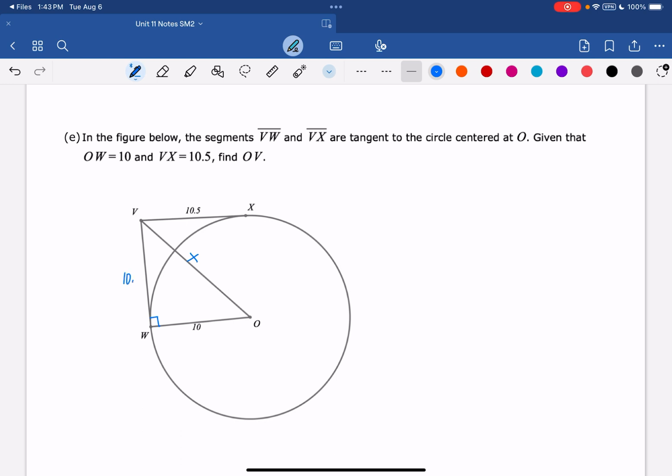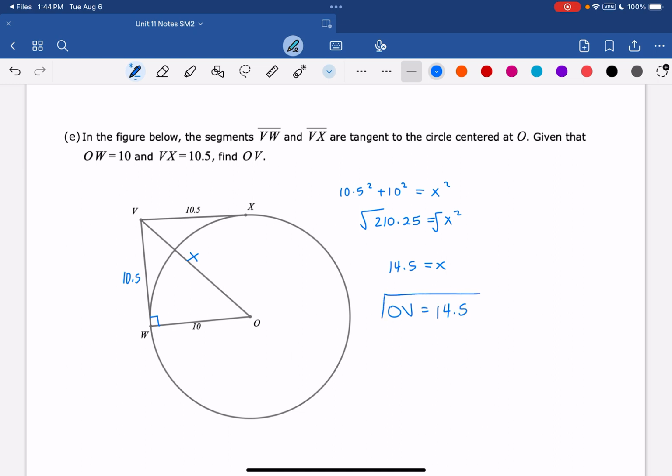This would also be 10.5 because they're tangent from the same point. So again, Pythagorean theorem, this time 10.5 squared plus 10 squared is going to equal our x squared that we're looking for. So when we add those together, we get 210.25 equals x squared, square root, and we get 14.5 equals x. So using the letters they gave us, OB equals 14.5.